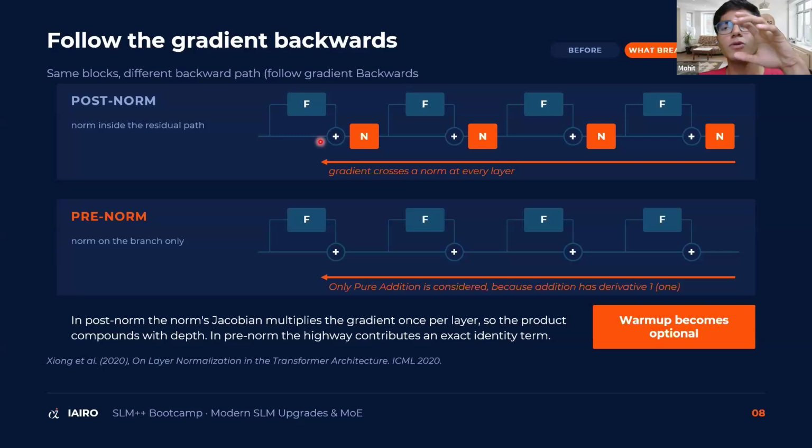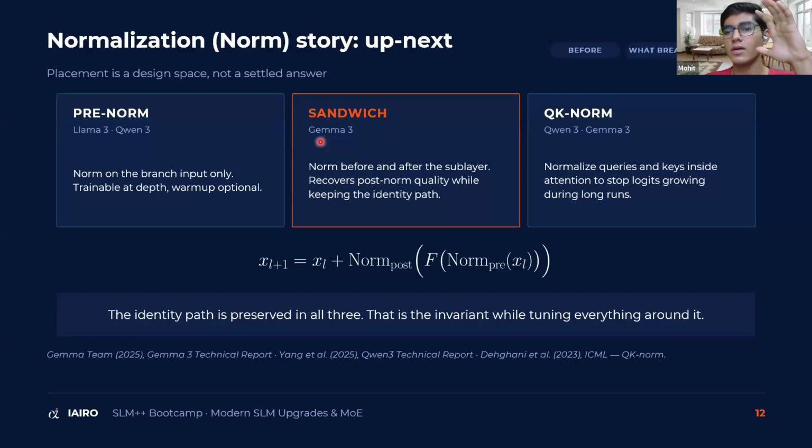That is how you should decide what upgrades to bring into the capstone project, and any language model training for that matter, small or large language model. That would be the thing about normalization upgrades for the language model.